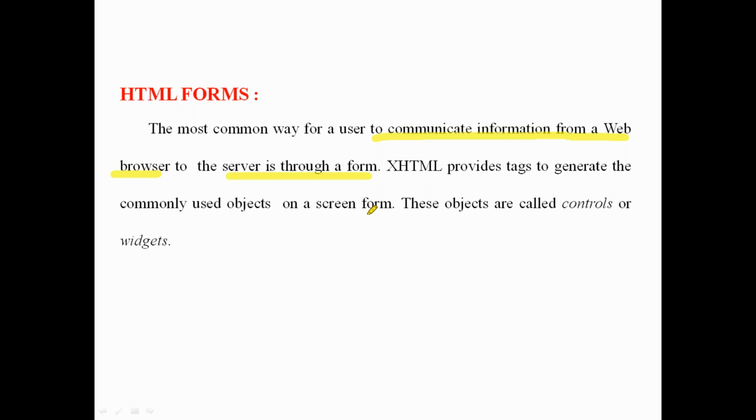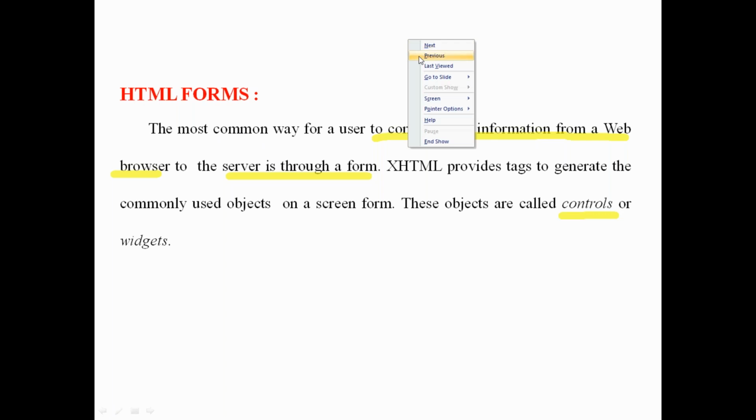For example, if you want to create a login form, there are labels: username, password, and a submit button or reset button, and there are two text boxes. Those are called form objects. These objects are called form controls or widgets. So this is a simple introduction about forms.